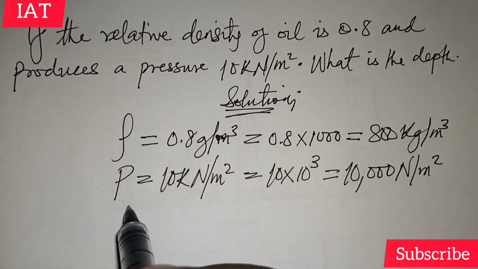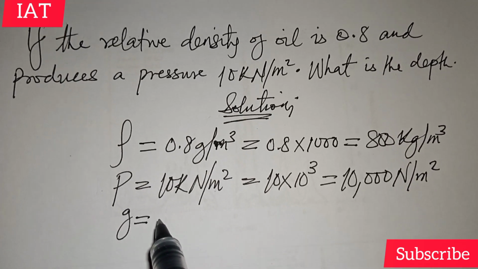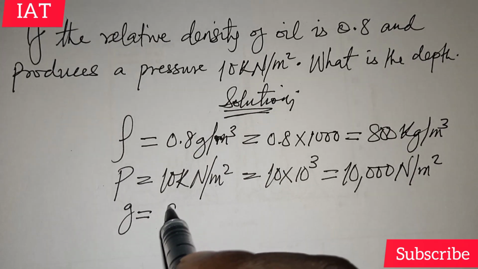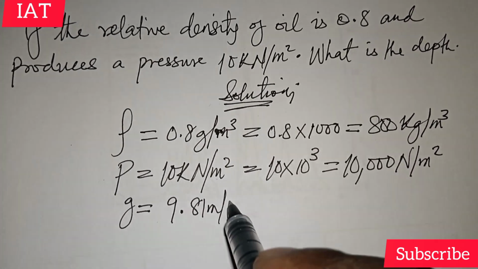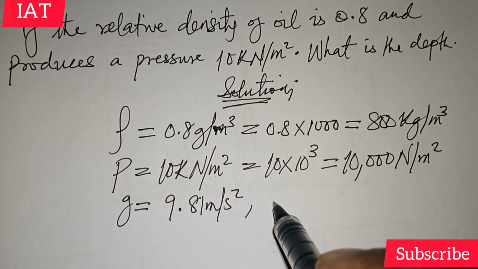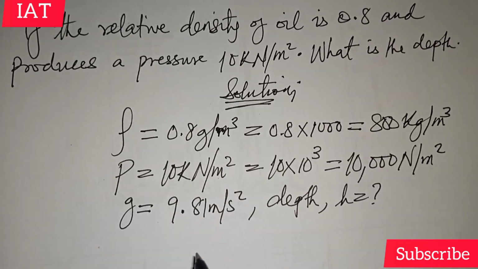Of course, here we'll also consider the acceleration due to gravity, which, because of the size of the earth, is approximately 9.81 meter per second squared. So we need to calculate now for the depth, which could also be the height.